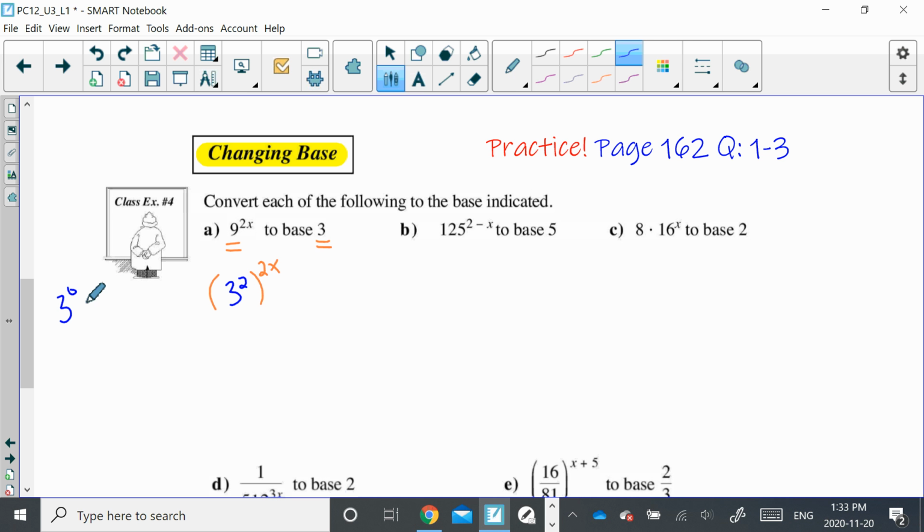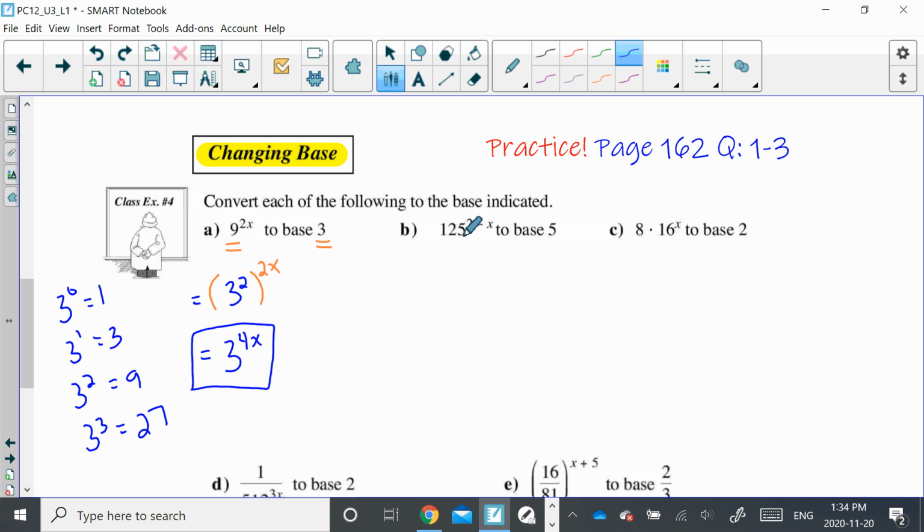Because 3 to the power of 0 is 1, 3 to the power of 1 is 3, 3 to the power of 2 is 9, 3 to the power of 3 is 27. So they want 9 converted to base 3. This is how we would do it. From here, we go back to 10C, and we are just going to simplify. So power to a power, you multiply. 2 times 2x would be 3 to the 4x.